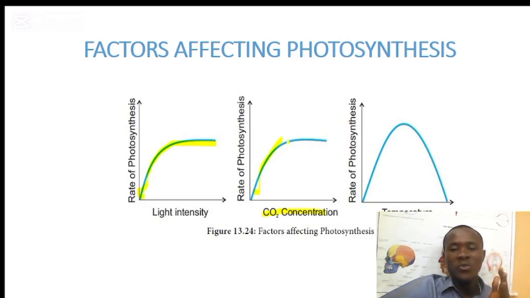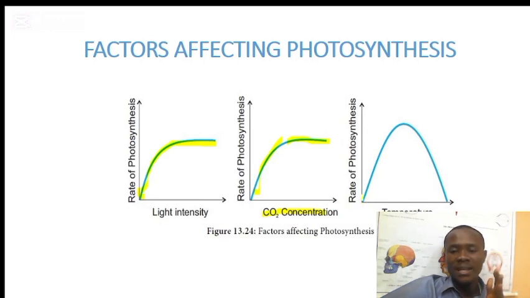That's why you can see this line here going in a straight form. That tells you the amount of carbon dioxide is being added, but there is no increase in the rate of photosynthesis.